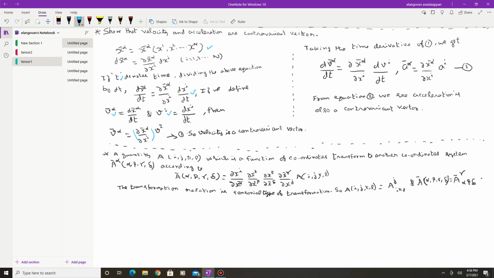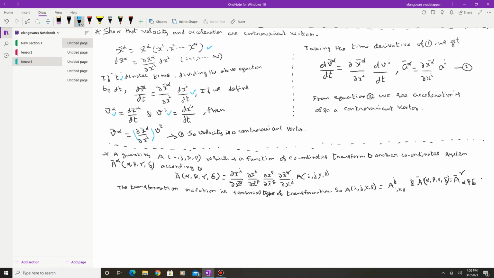Now you take the time derivative. Again, you take the expression in 1, and take the time derivative of expression 1. dv alpha bar by dt is partial dx alpha bar by partial dxi times dvi by dt, and this is the rate of change of velocity, so this is acceleration.